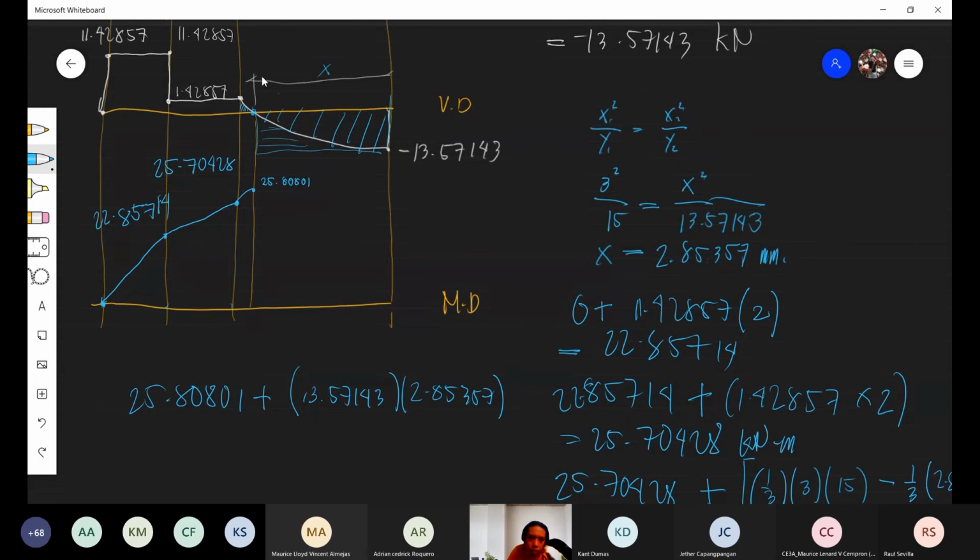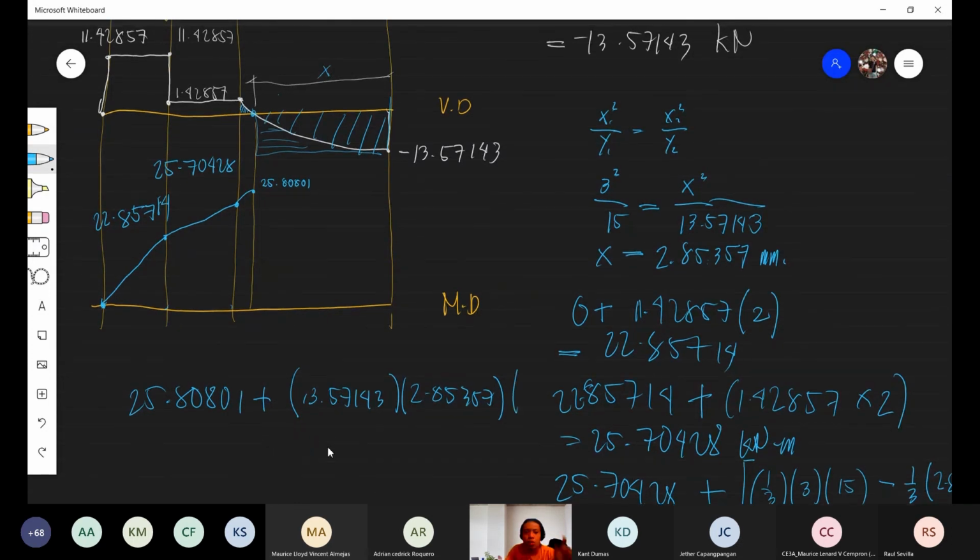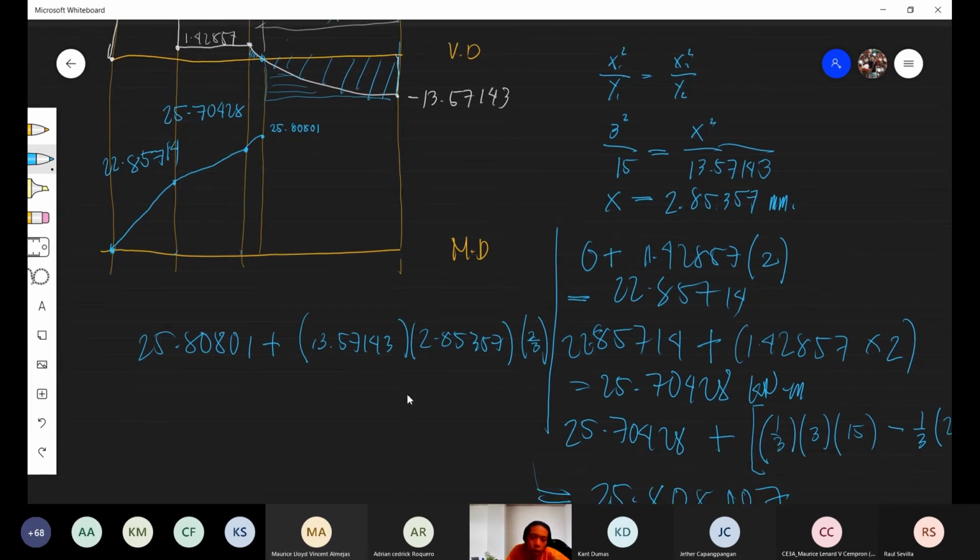Then we subtract the spandrel, which is 1/3, so we just multiply by 2/3. The spandrel is 1/3, and the remaining area is 2/3. Negative, because it is downward.